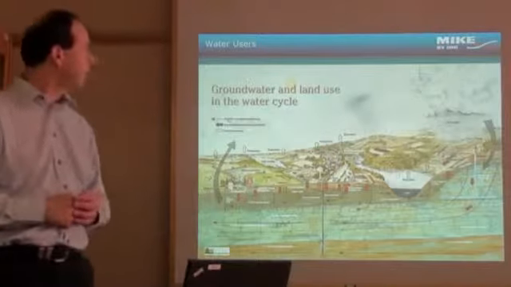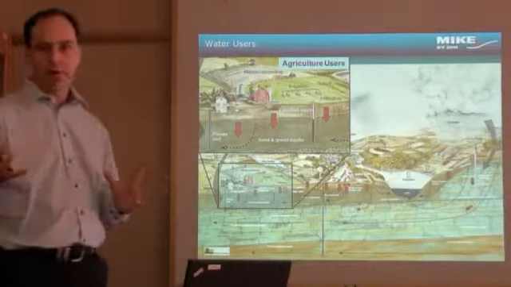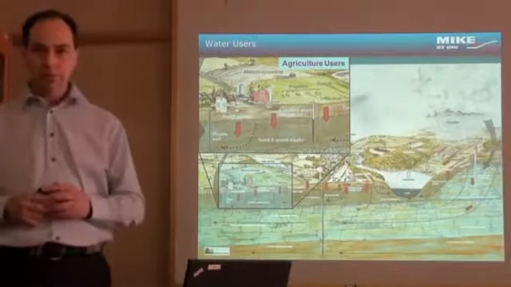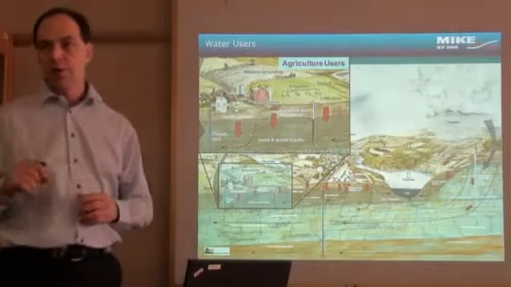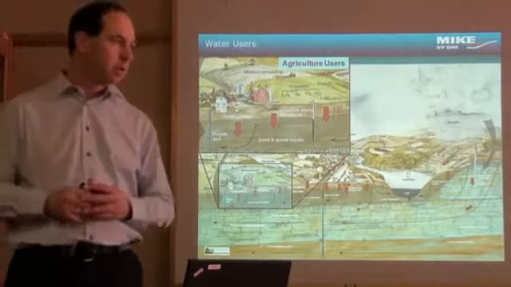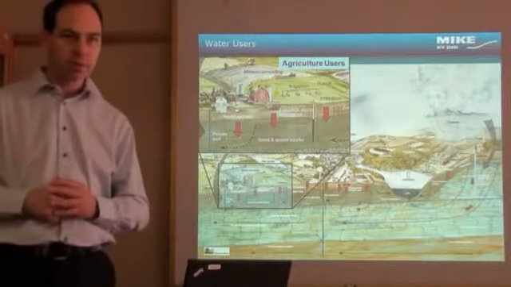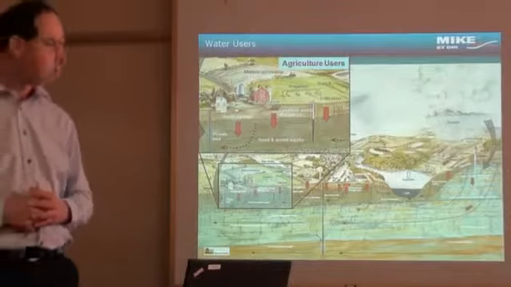If we look at the users in the system, we can broadly define them into three different groups. We have agricultural users, where each farmer on his own is only using a small amount of water. But collectively, all the farmers together use a vast amount of water. Maybe 60, 70, 80% of our water resources are used in the agricultural sector.